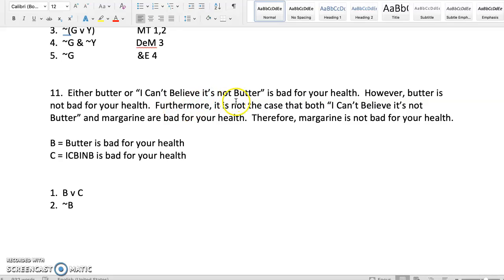Next sentence, furthermore, it is not the case that both. So this is a not both sentence, which remember is the negation of a conjunction. So it's not the case that both I can't believe it's not butter and margarine are bad for your health. So we've got a new sentence. We've got to add a letter for it. M equals margarine is bad for your health.